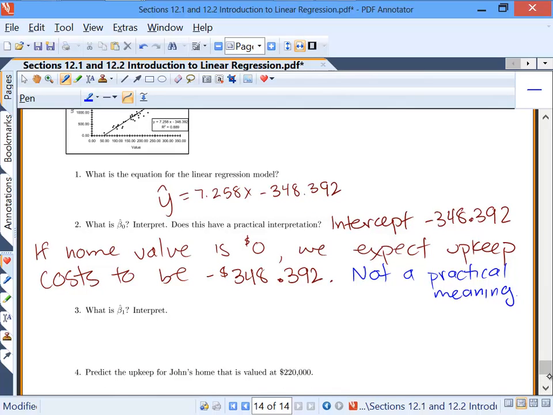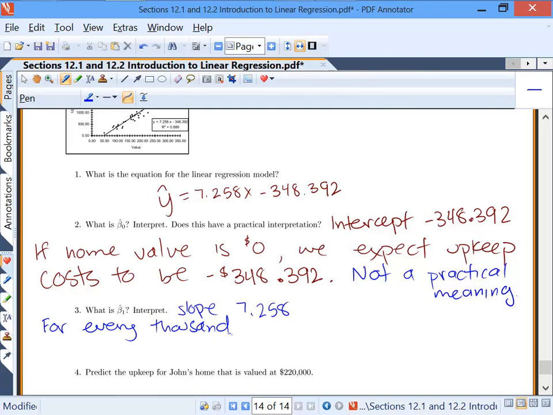And when I ask for beta hat 1 and for you to interpret it, that would be my slope again. My slope at the moment is 7.258. And how do we interpret our slope? For every $1,000 of house value increase, upkeep increases by $7.26.